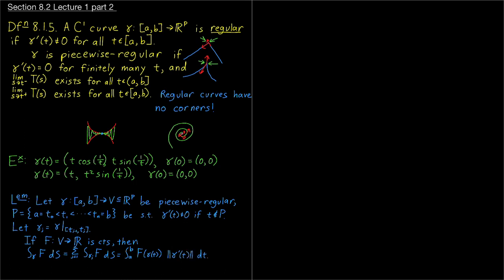And we proved that the left-hand term here and the right-hand term over here were equal back in lecture 8.1.1, so this is from section 8.1, lecture 1, part 3.